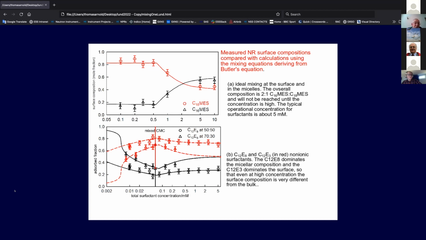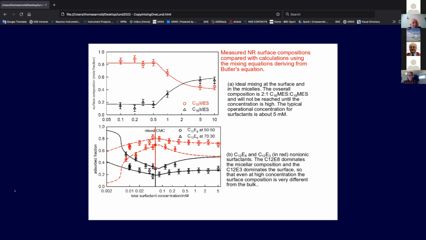When you reach the middle there, you hit the CMC, and at that point, things start to cluster, obviously, in the micelles, and the C18 will micellize more readily, more strongly.